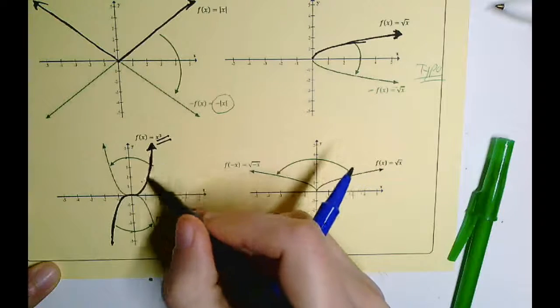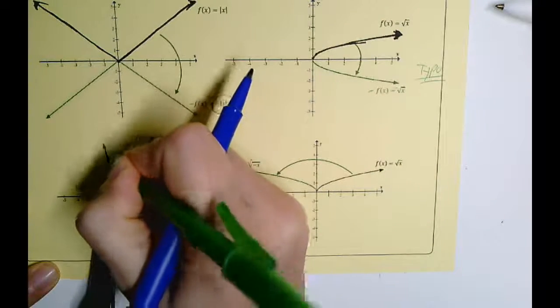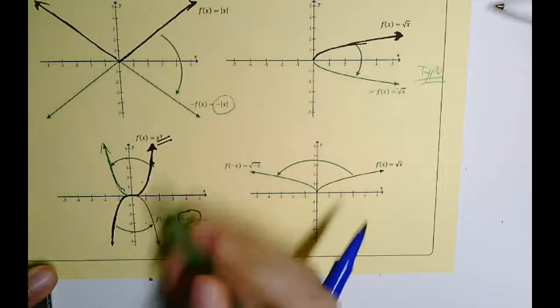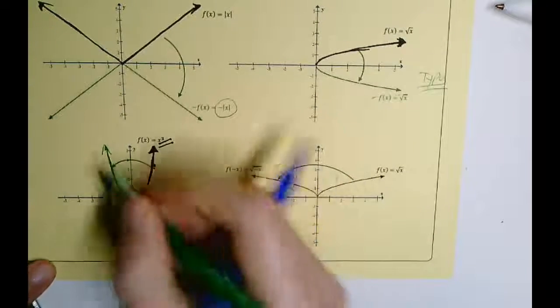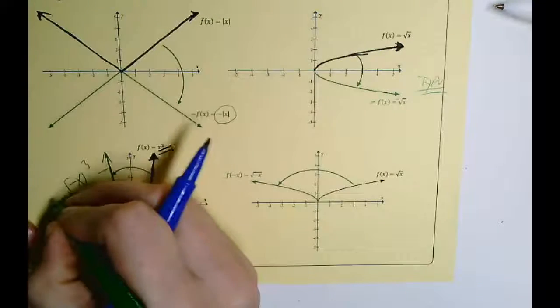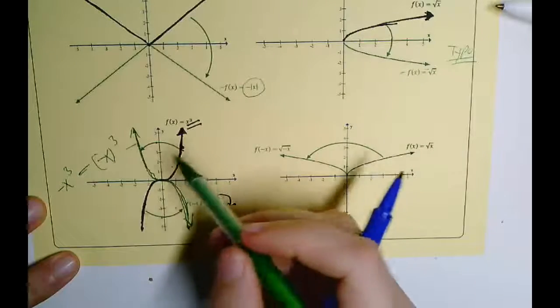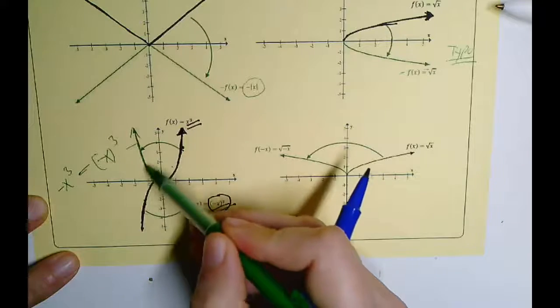So when I reflect this portion over the y-axis, I'm going to get this. And when I reflect this other portion over the y-axis, I'm going to get this other portion. So this graph right here is f of negative x, which happens to be the same as negative f of x, which means that I would get the same thing if I do a reflection over the x-axis.